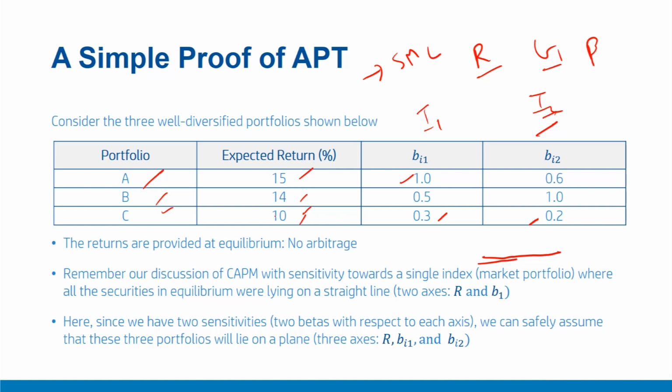Now, in this case, since there are two indices and we have two sensitivities, B1 and B2, we can safely assume that these portfolios will lie on a plane like this, where one axis is the expected return on security i, one is B1 and one is B2, or you can call them Bi1 or Bi2 as well.